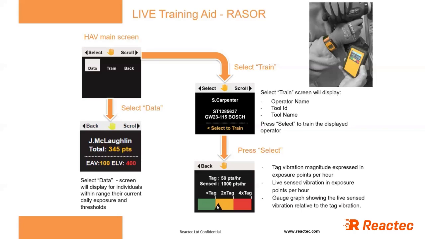You'll then be able to see if the particular use of the tool is more or less than what you expect from the tag. But at all times the magnitude value for sensed will give you the indication of whether the particular way in which they're now using the tool is better or worse than how they were previously using it, by basically how that number varies.